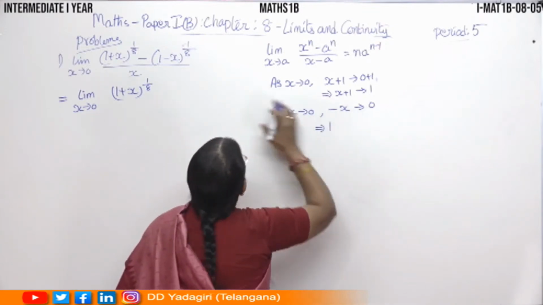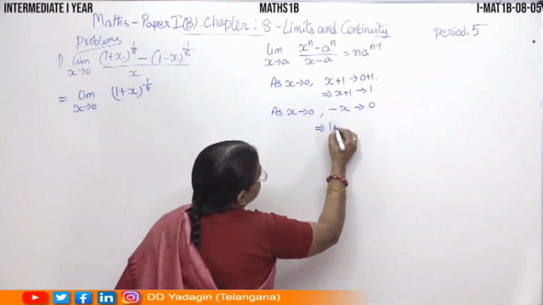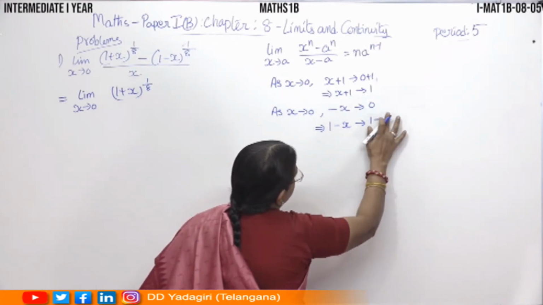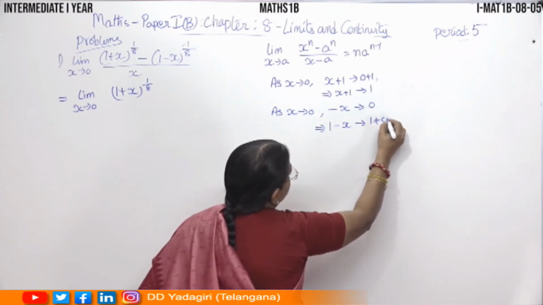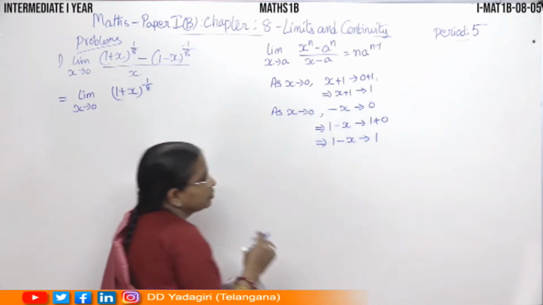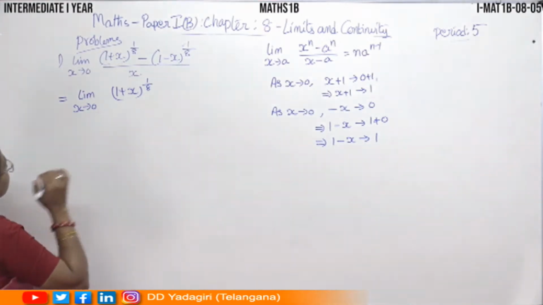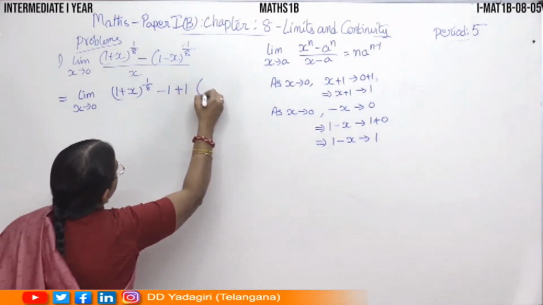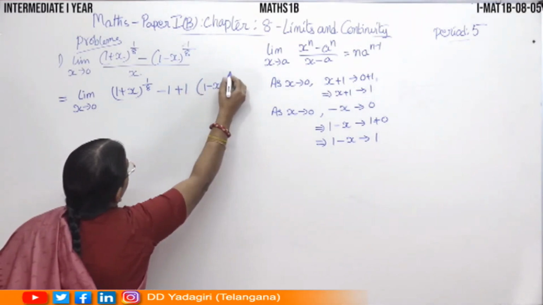Now add 1 on both sides because you have 1 minus x. 1 minus x tends to 1 plus 0, that is 1. So 1 minus x tends to 1. So we need those two now. We'll subtract 1 and add 1 so that we reduce it to the standard form.